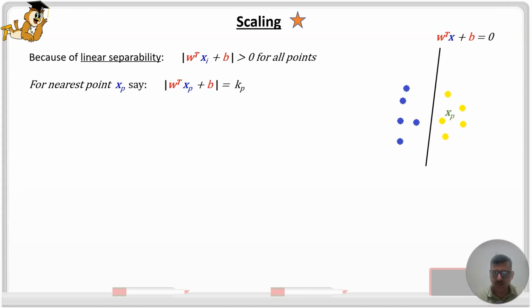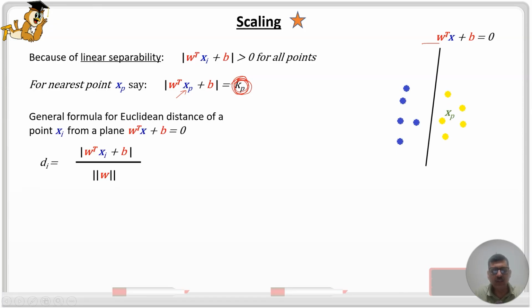For that nearest point xp, let us say modulus of W transpose xp plus B evaluates to some number Kp. So Kp is going to be greater than 0. When I plug the coordinates of xp into the equation of this separating hyperplane, its modulus evaluates to some positive quantity.